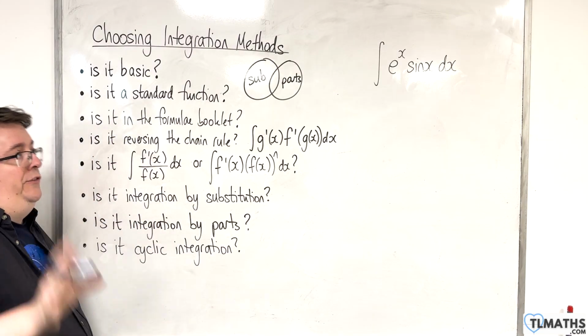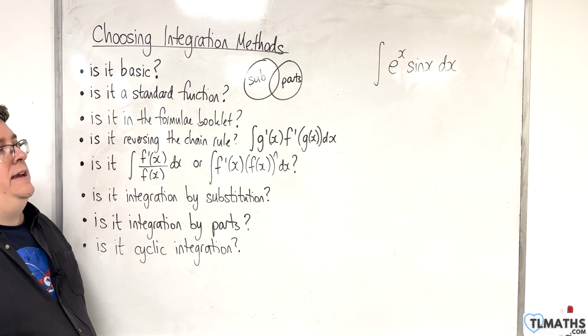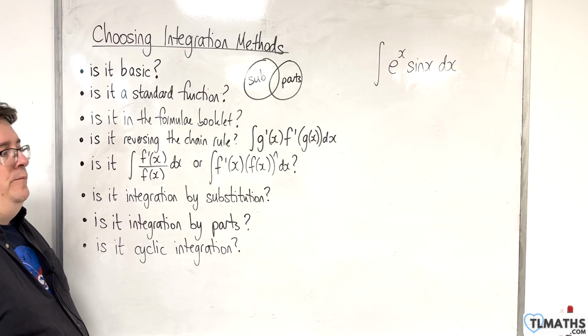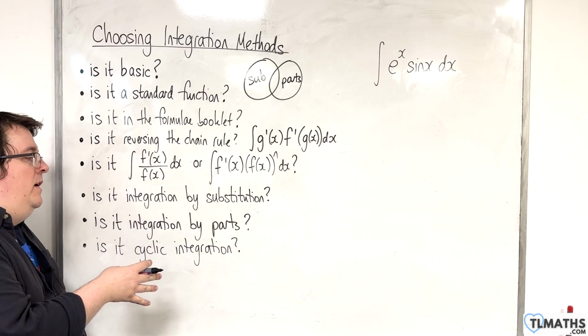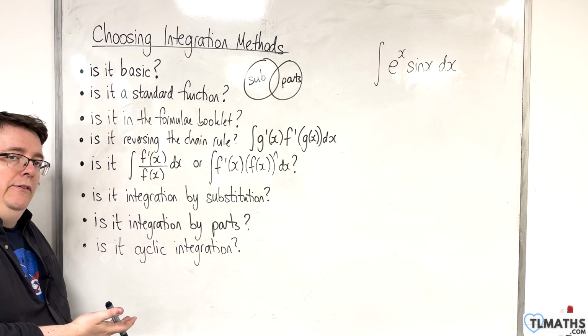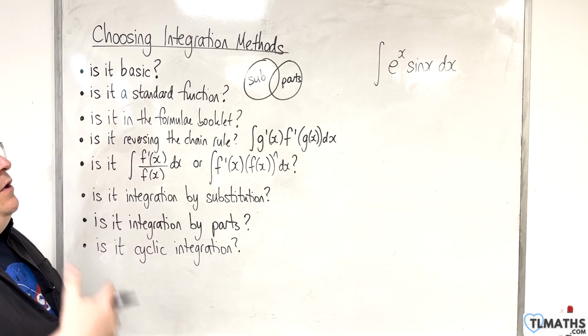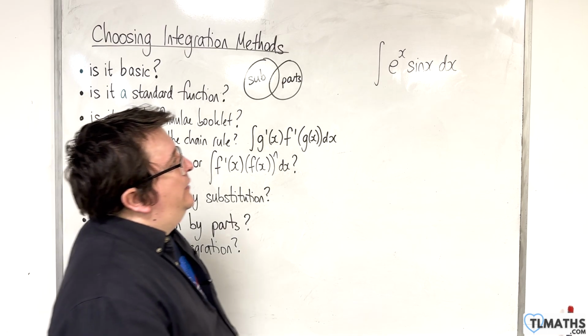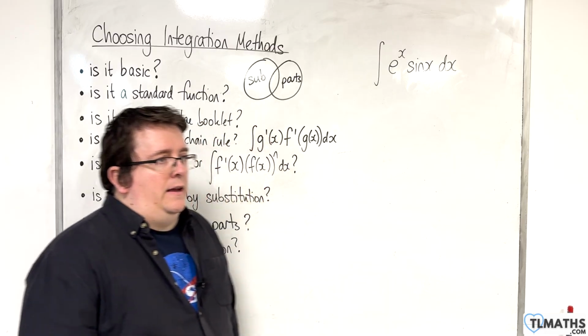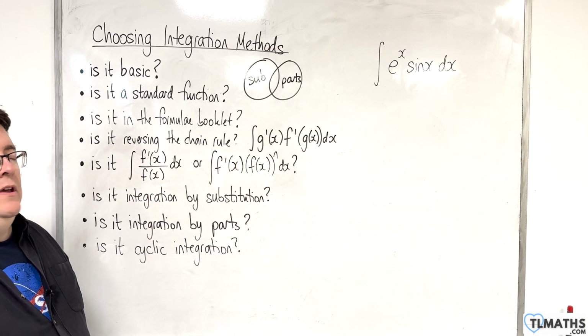Now the next thing to consider is, is it cyclic integration? Cyclic integration is essentially integration by parts with just a little added step to it. The integral of e to the x sine x or the integral of e to the x cosine x are prime examples of this.